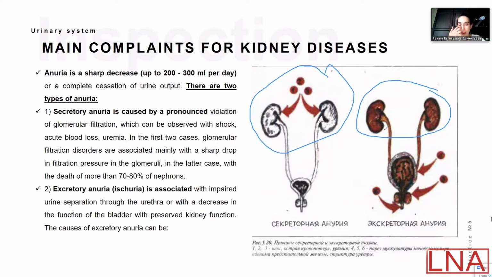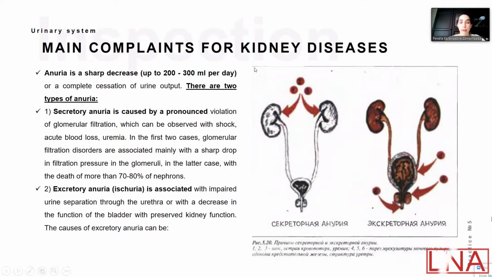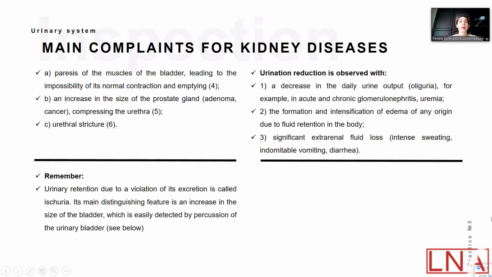And the cause of excretory anuria can be paralysis of the muscle of the bladder, which leads to the impossibility of its normal contraction and emptying.